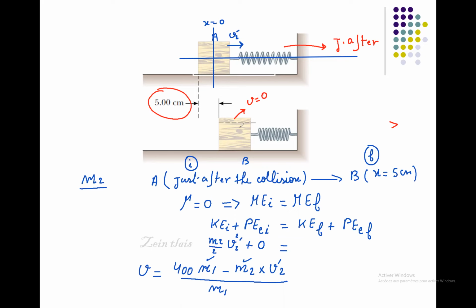At the final position we don't have velocity, so we don't have kinetic, plus we have x equals 5, so we have elastic k over 2 times x squared. From this equation we can calculate the value of v prime 2. We substitute its value here to calculate v.